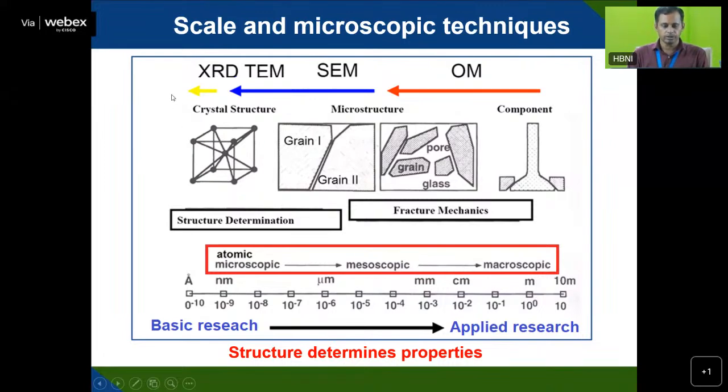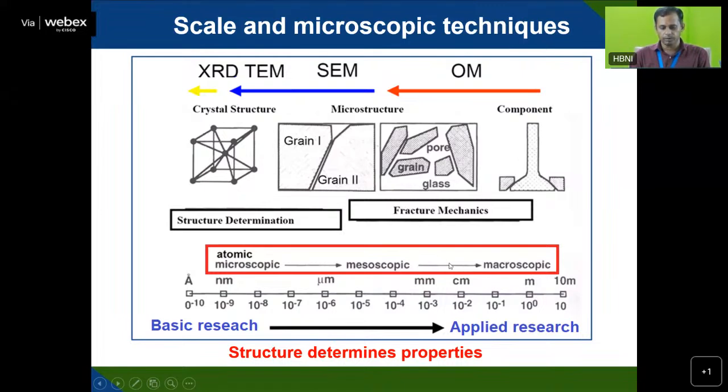But if you go a little larger, from 10 to the power minus 9 to 10 nanometer, in that range the TEM, SEM, and optical microscope come into the picture. So here you will be able to see the grain boundary, grain, pores, all those components, or fracture mechanics.